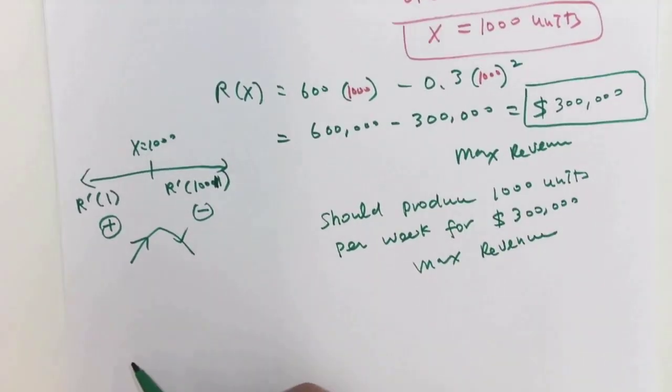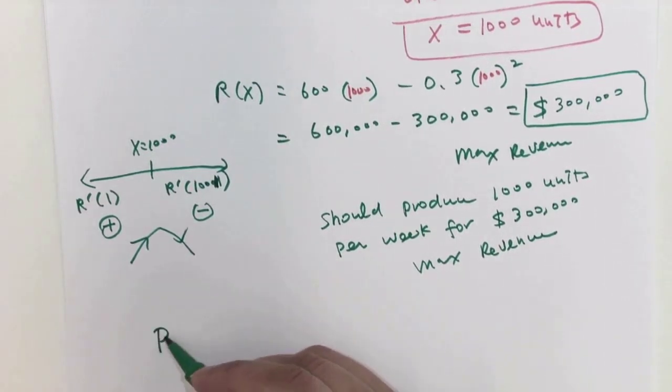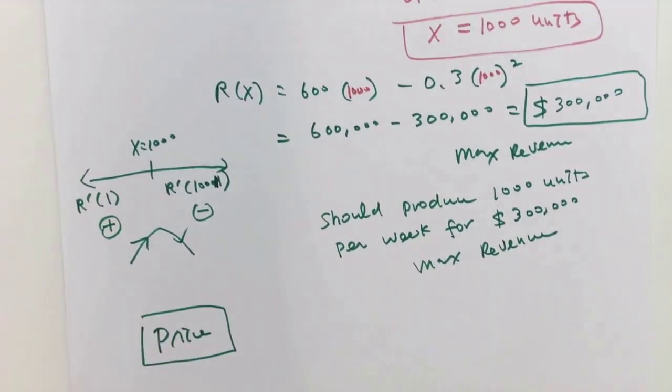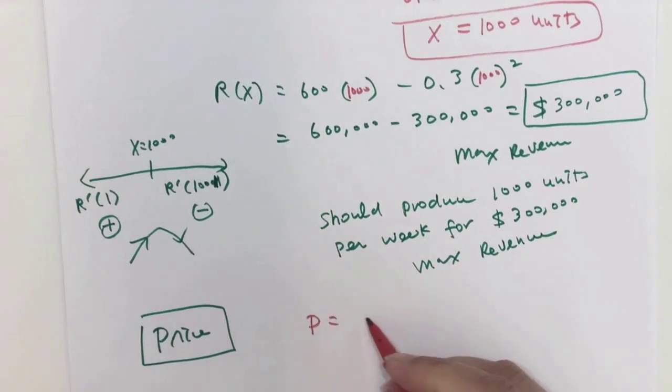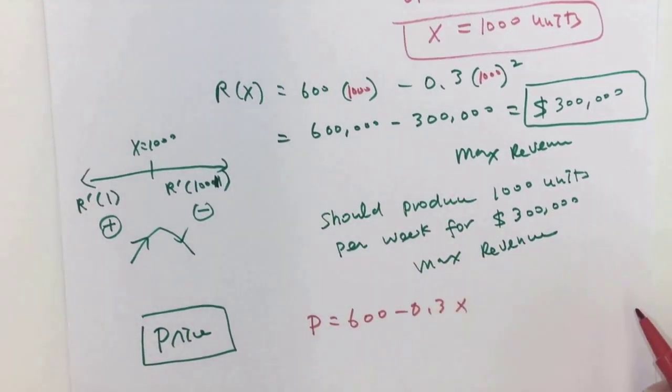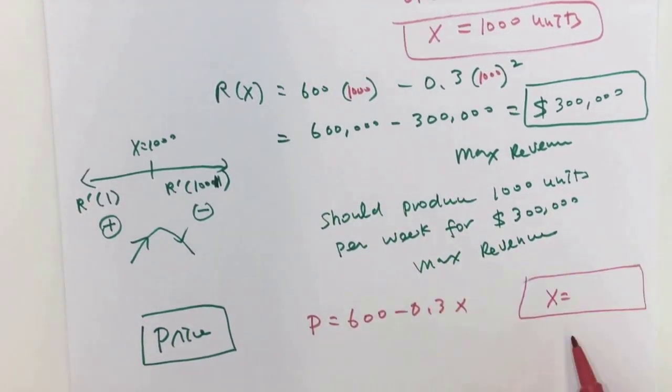Okay. They also ask you what they should price it. So if we want to find the price, how do I do that? What did they give you about price? P equals 600 minus 0.3x, and the x should equal 1,000 units. So the 300,000 is your revenue, okay?